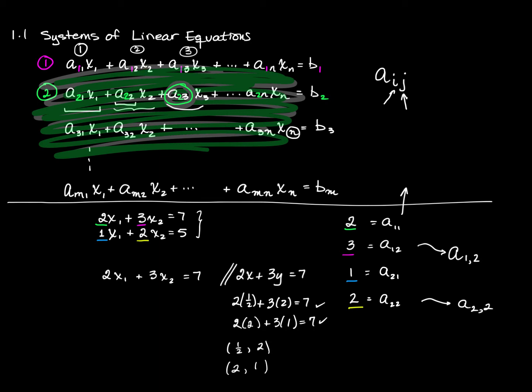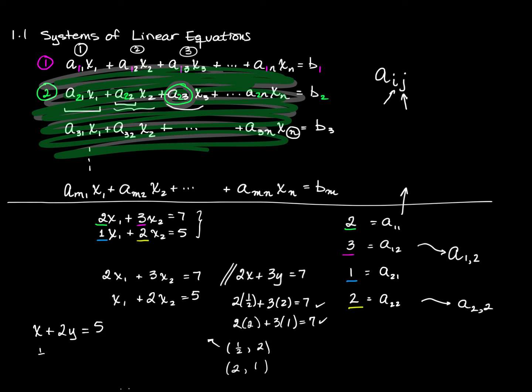But do they work in the system of equations? My other equation is x sub 1 plus 2x sub 2 equals 5. And if I change that one into an xy instead of an x1, x2, I get x plus 2y equals 5. Let's try our first solution here.